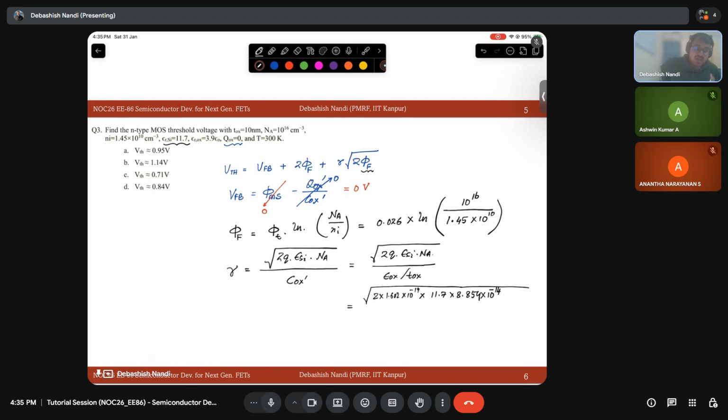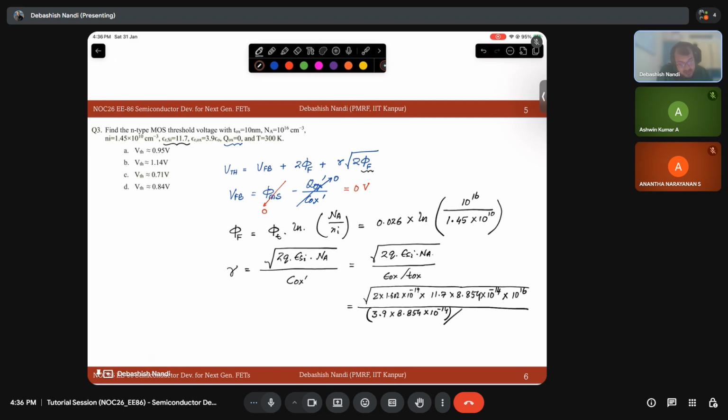In semiconductor physics, we generally deal with all units in centimeter, centimeter cube, centimeter square and all, so I'll follow that tradition. Then Na is 10 raised to 16. Epsilon ox is how much? 3.9 times 8.854 times 10 raised to minus 14, divided by Tox.